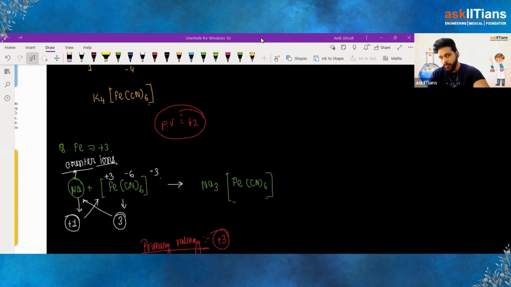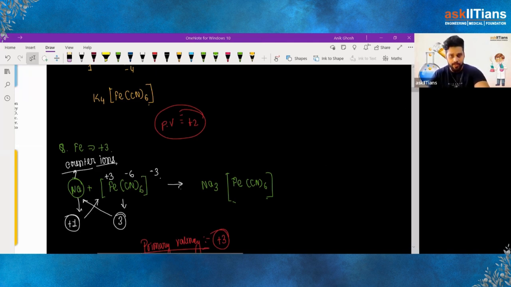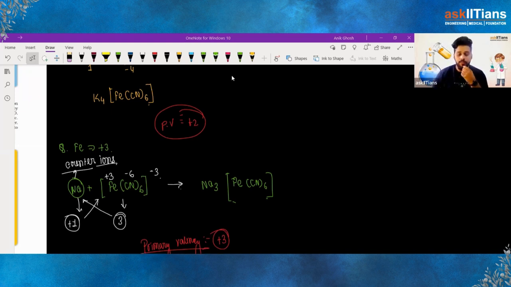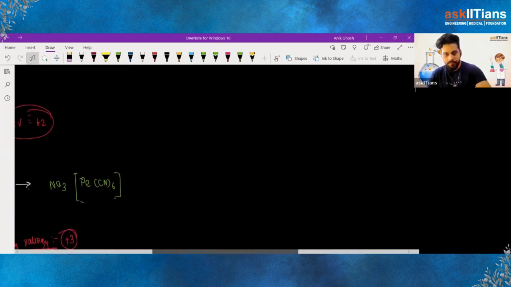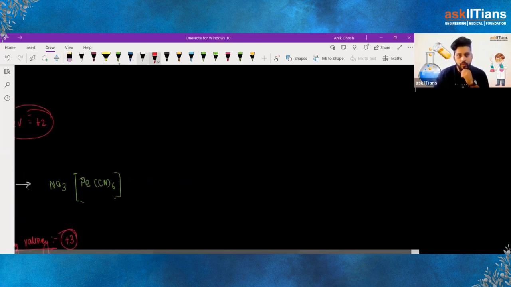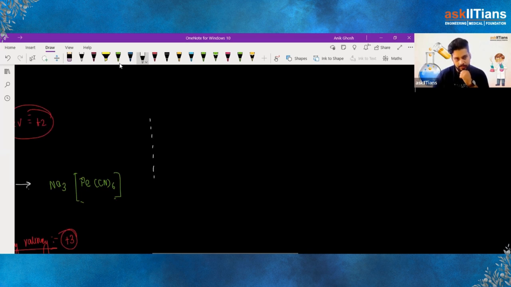So we have learned about the primary and the secondary valency. Let's go for a quick overview of the entire topic here now. Let's solve one question to understand this thing. Let's say, guys, I'm gonna make you a compound, which goes like this.